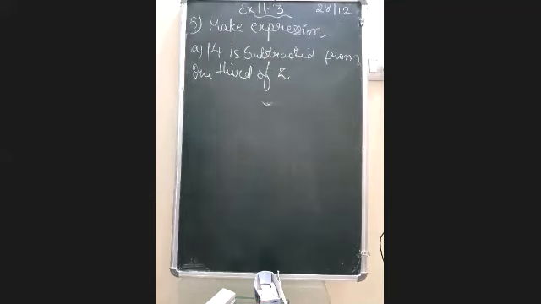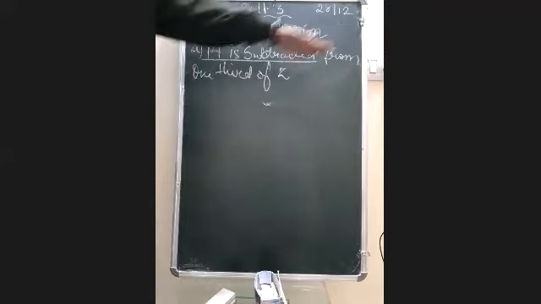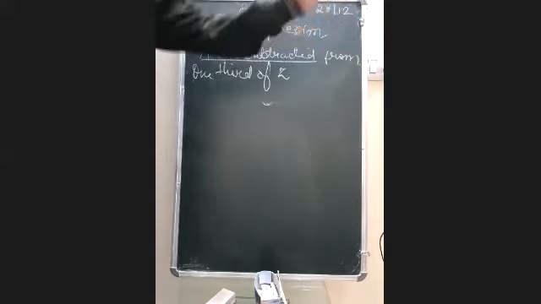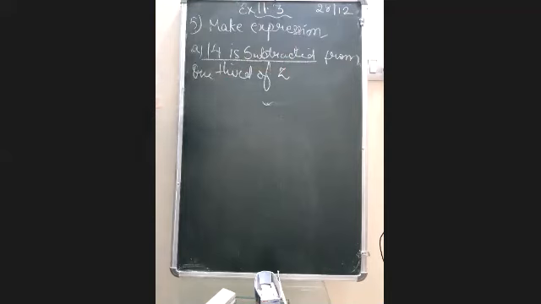Again we have two things. What are the things here? 14 is subtracted, one step. Okay. From matlab it is depending. It is depending on which line? It is depending on this line.